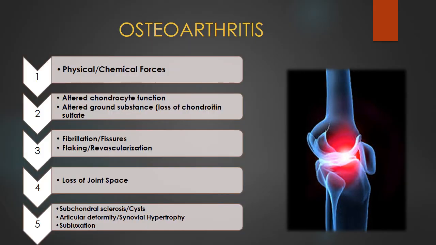Okay. So with osteoarthritis, there's a progressive deterioration process that ultimately results in the characteristic findings that we associate with degenerative joint disease. And it's associated with the appearance of degenerative joint disease that we typically see on an X-ray film.